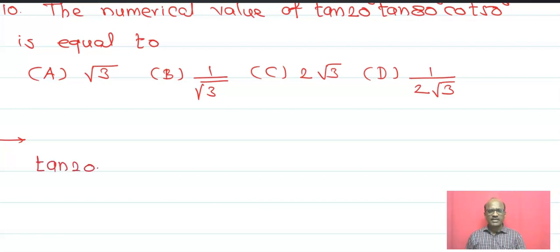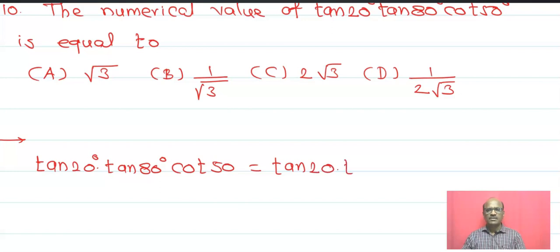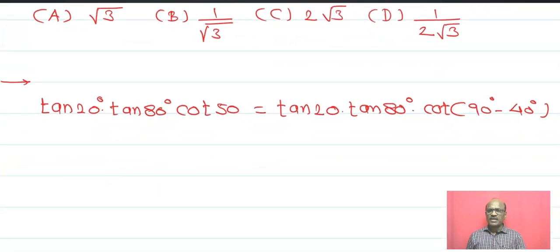Now it is tan 20 tan 80 into cot 50, equal to tan 20 into tan 80. The cot of 50 can be written as 90 − 40.